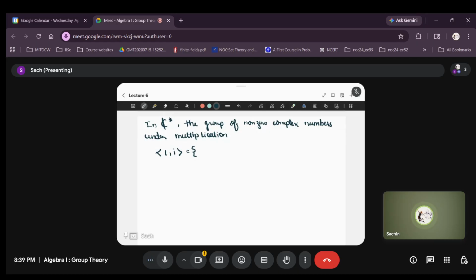No, it doesn't. 1 and i can't generate complex numbers under multiplication. It is under multiplication, so you can only take the powers and products. You don't get multiples of 1 and i. You get powers and products of 1 and i. Yes, 1 is just 1.